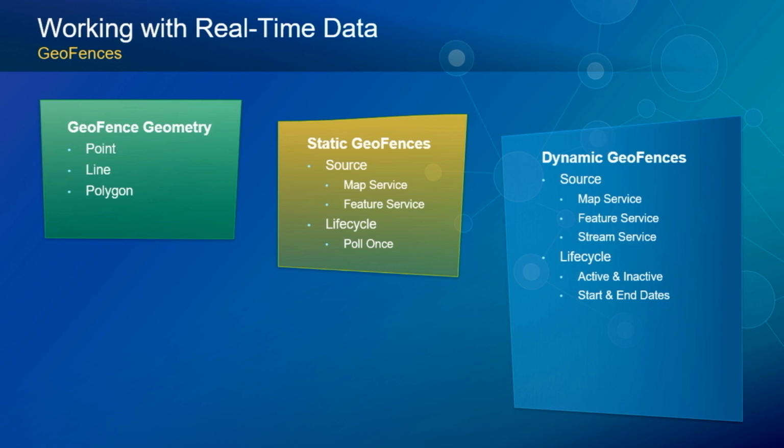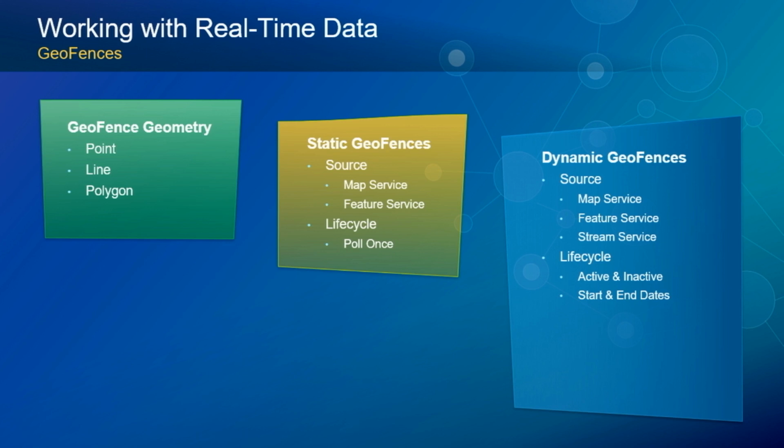But we have the concept of dynamic geofences as well, where instead of just pulling that map service or feature service, or as seen here, stream service just once, we can set up a time rule so that it says, let's pull it every 5 seconds or 10 seconds. And that allows us to detect change within our geofences. A good example of this might be a storm.